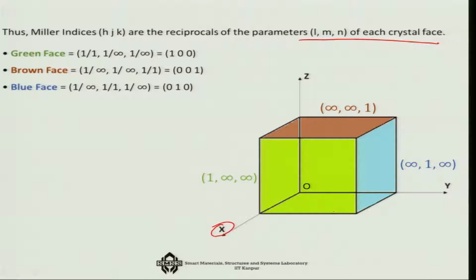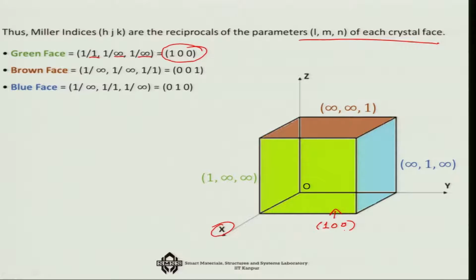Why? Because this green plane is parallel to the yz plane. So, the intercepts are 1, infinity, infinity, their reciprocals are 1, 0, 0, and that is the green face. The green face here is (1 0 0).